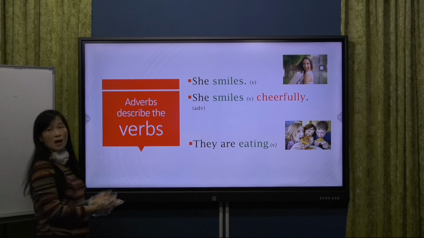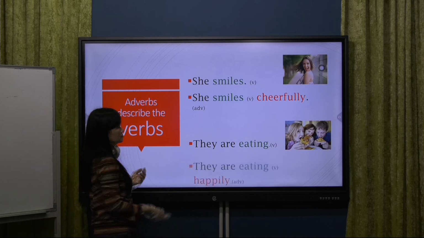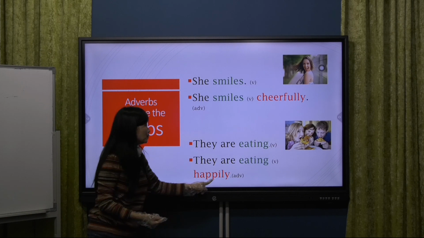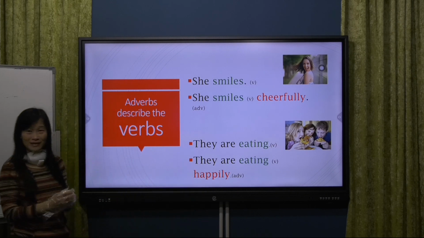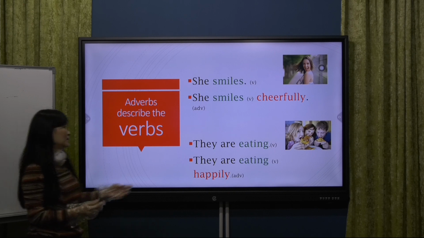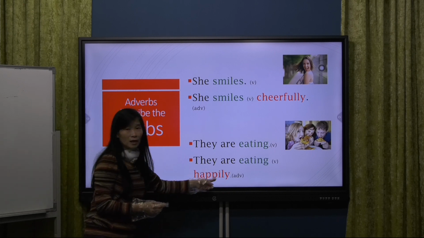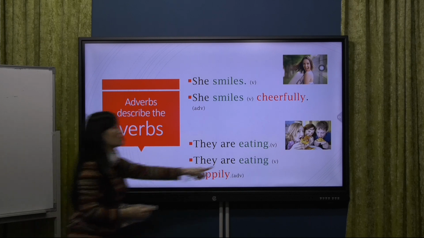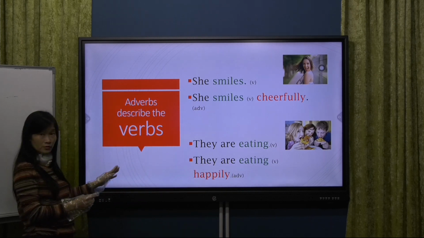You use adverbs. So you can say, they are eating happily. They are very happy. So they are eating very happily. Happily is an adverb, and it tells you more about the verb. So are you okay with this part?